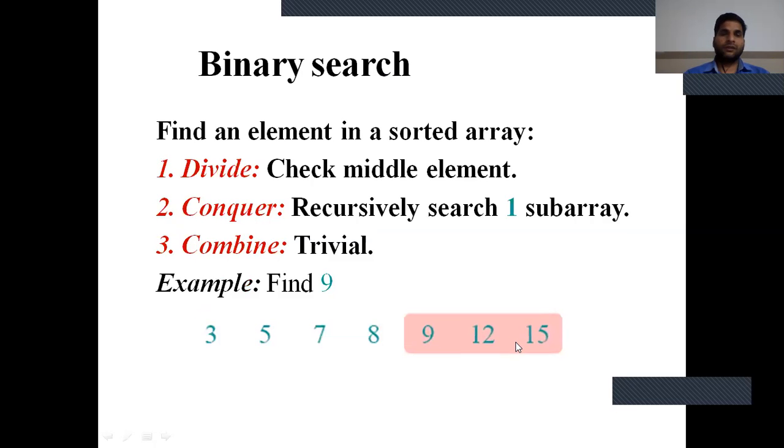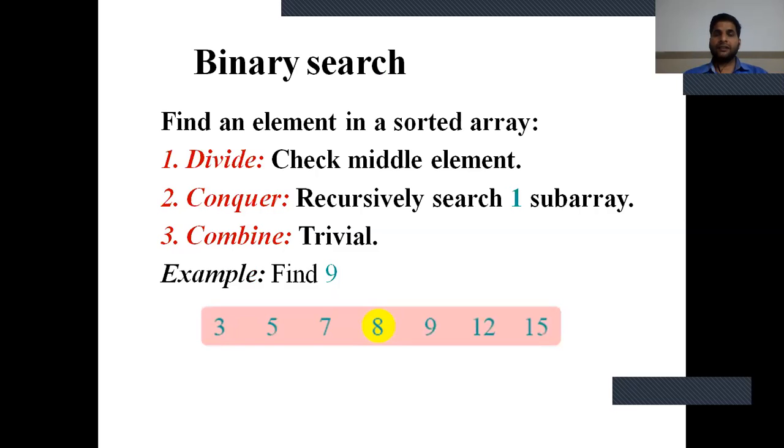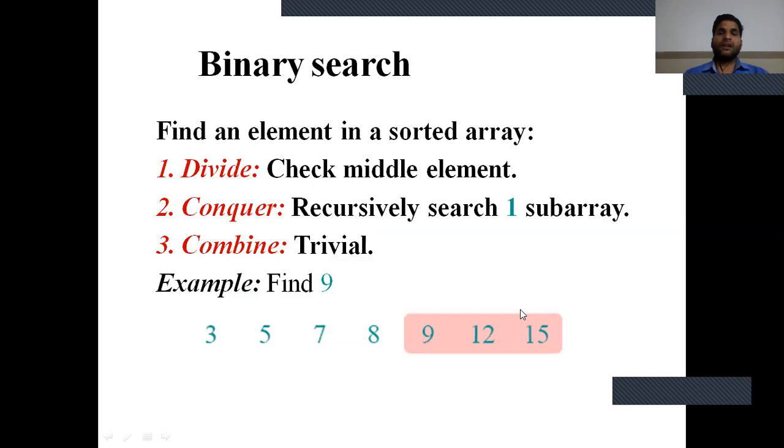Now compare: the search element 9 is greater than the middle element, so go to the right subportion. The right subportion contains three elements.